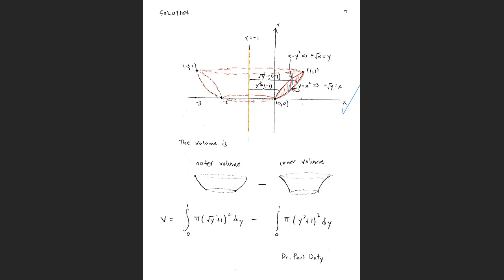And so remember that when we find the volume, since we're rotating this region about the vertical line x equals -1, it's helpful to picture the volume by thinking of it as taking this outer volume here, which is the volume of a bowl with the inside included, and then cutting out this inner volume here, which looks like a frustum.